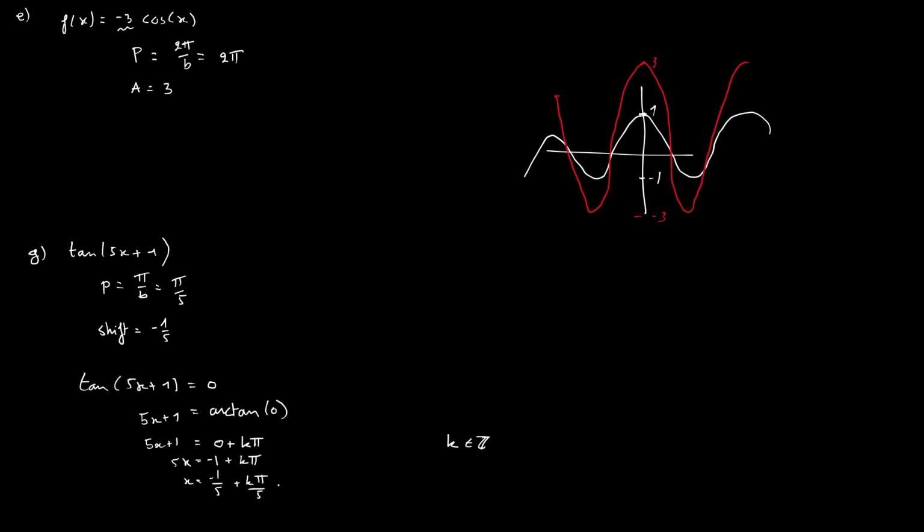And here you can see your period, and here you can see your shift to the left, right? So instead of being over here, over here, over here, everything is going to move minus 1 over 5. Okay, let's plot that quickly in Desmos.